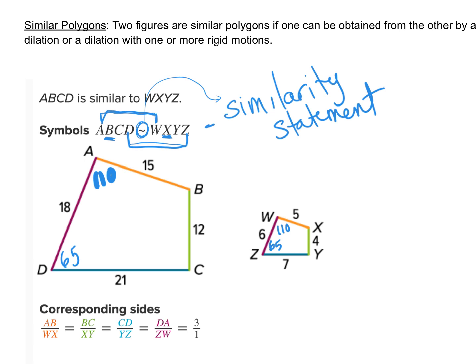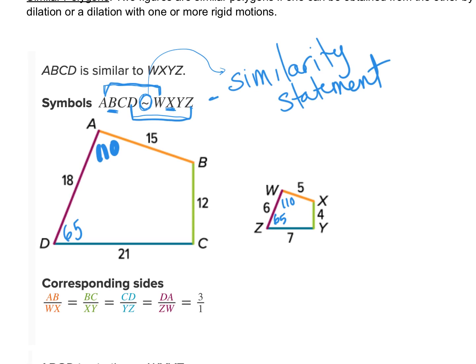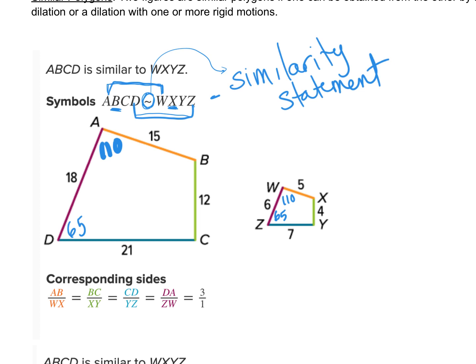So angle B and angle X are congruent. Okay, now using those angles, I'm going to use X and B. I'm going to use a single arc there. I'm going to use the double arc for Y and C because those are both listed third.